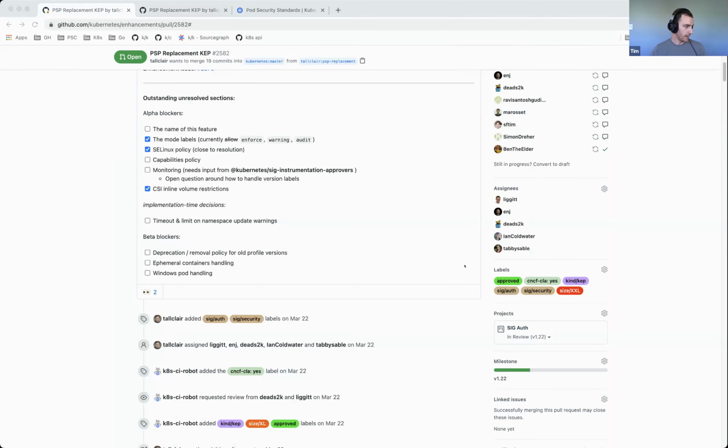Okay, there are still some open questions around how to handle version labels on metrics, but I'd like to skip to naming first, since I think the version labels can be worked out in the implementation.